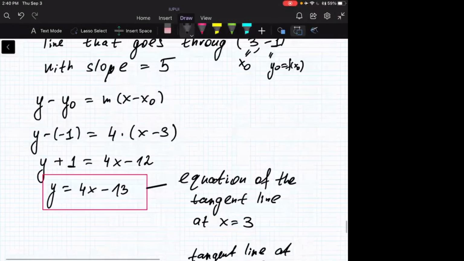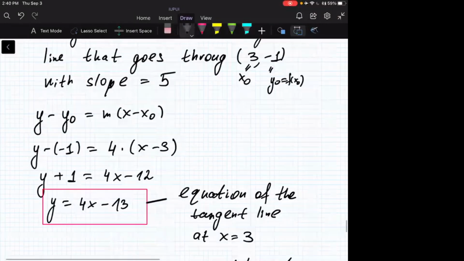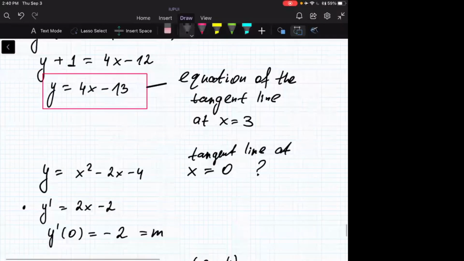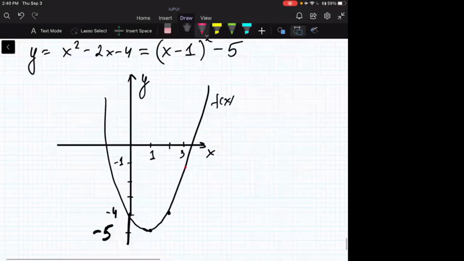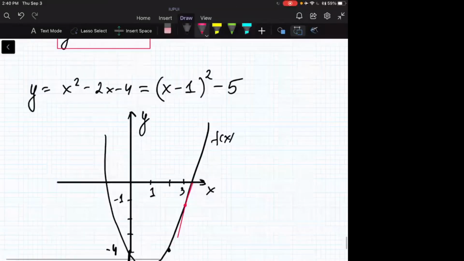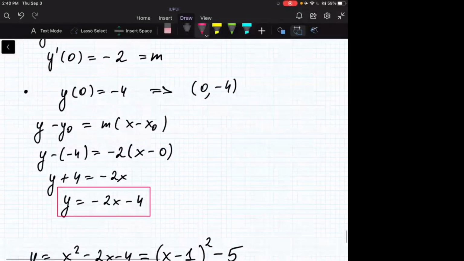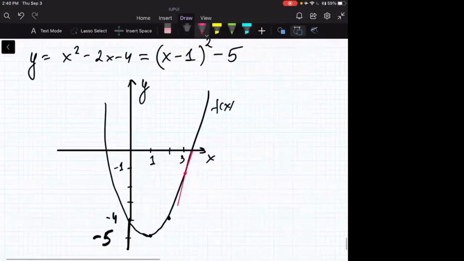And so the first time I was interested in the equation of the tangent line at x equals 3. So it is somewhere 1, 2, 3. It is here. And it looks like that. While the second time I was interested at 0. And so the 0 point was here.